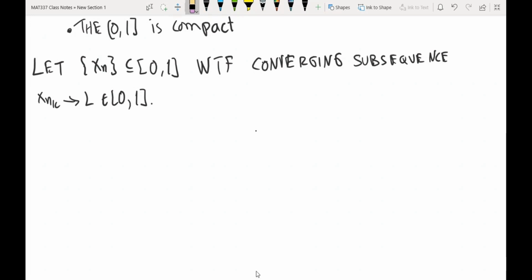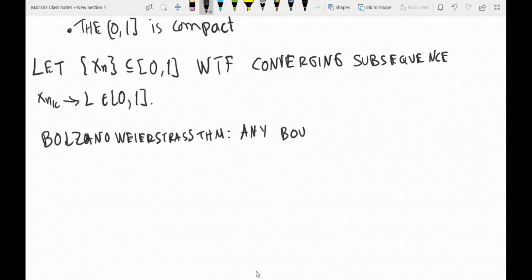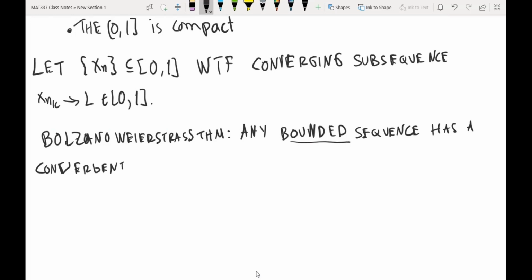Firstly, let's recall a theorem, Bolzano-Weierstrass. What is it saying? It says that any bounded sequence has a convergent subsequence.